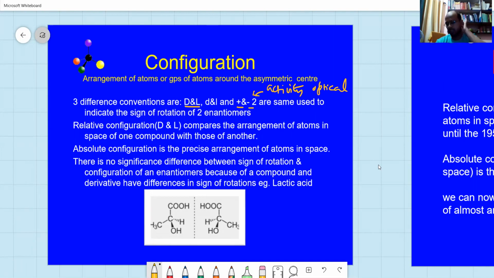So you will see that in our next session. Relative configuration is a comparative arrangement of atoms. So here you can see this is a chiral center, and you have 4 different groups: 1, 2, 3, 4.